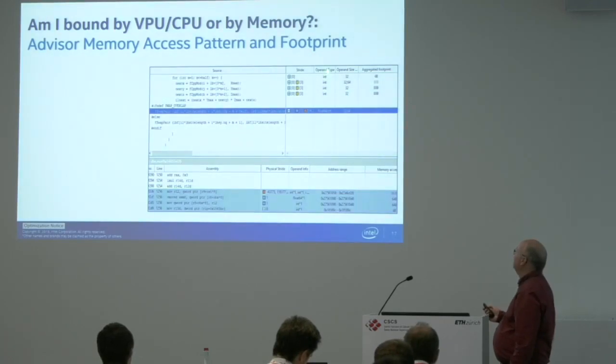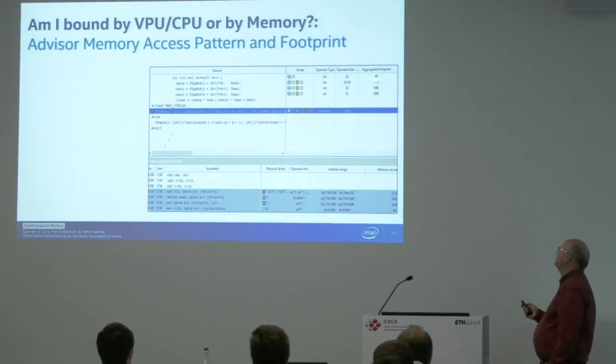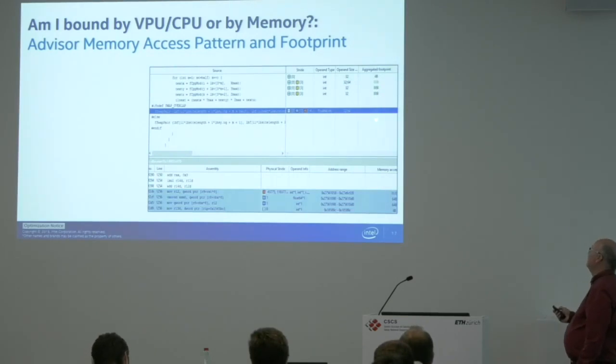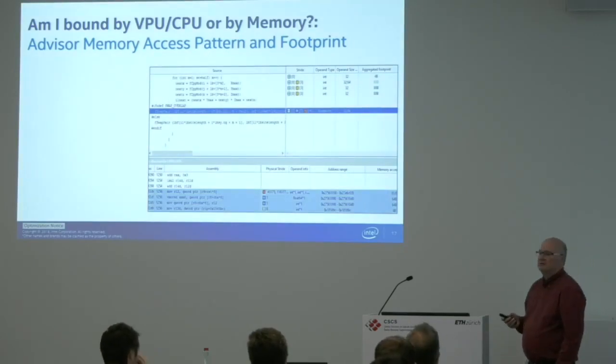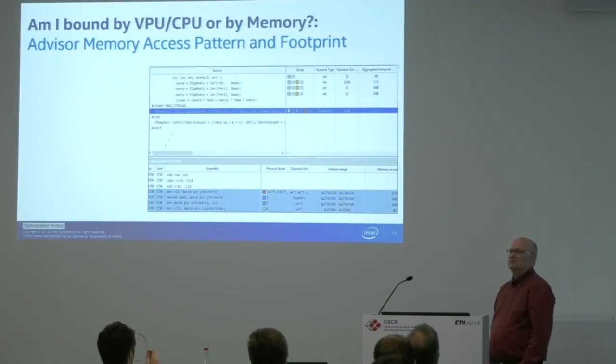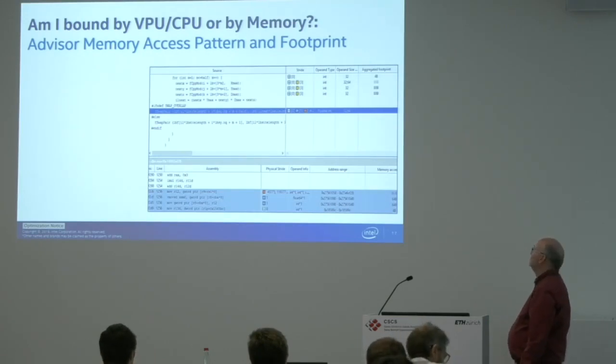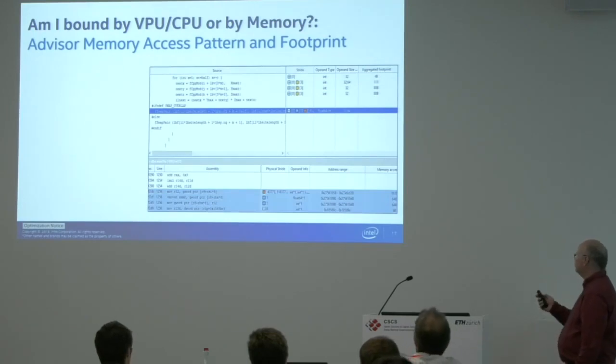And you see here the operand types is ints and here floats, operand size, okay. But then you see the aggregated footprint, and you see the number of bytes that are aggregated here with each call. And you see here only 88 bytes, but here you see for this indirect access 9 megabytes. So it's a good sign that you have to find out how to deal with this indirect access.